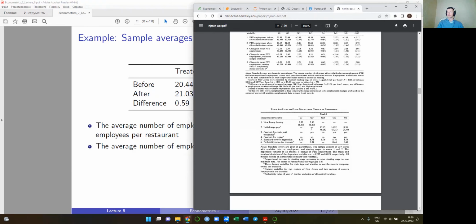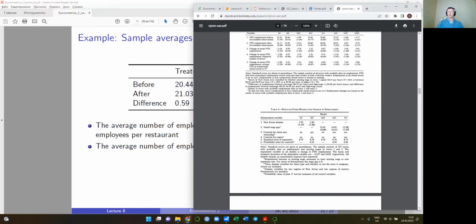Basically, we can look at this table. Look, they also control for the chain and ownership, because the data is available also for the different brands of these fast food restaurants. And if they introduce it here, you see that the estimate slightly changes. And they also use another independent variable, the initial wage gap, right?